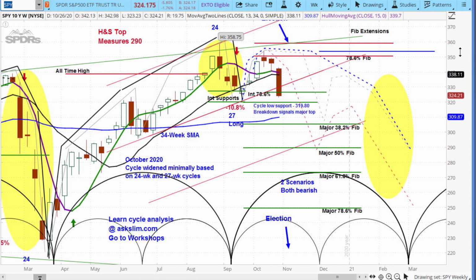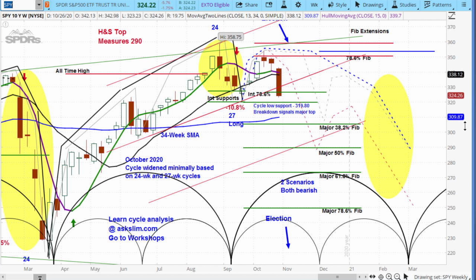The patterns are not quite as negative as we see in the broader market here for the Spiders, but they are still showing a very, very similar toppy pattern. And again, the likelihood of declines coming through the winter time for the stock market.